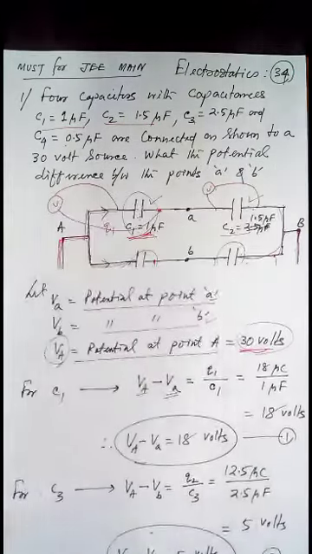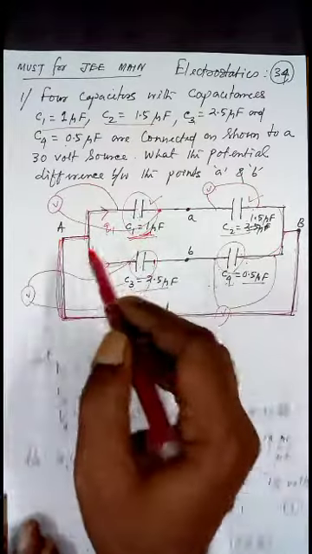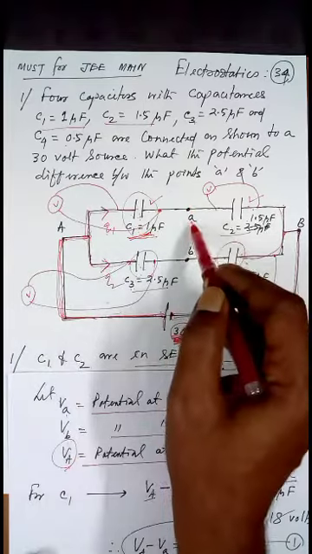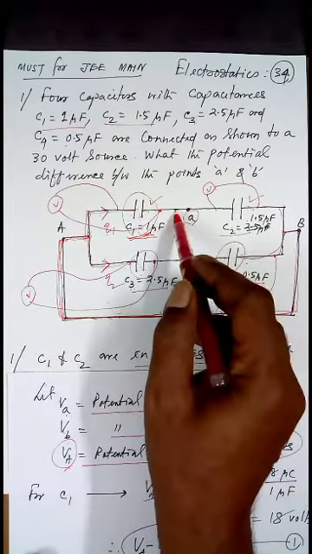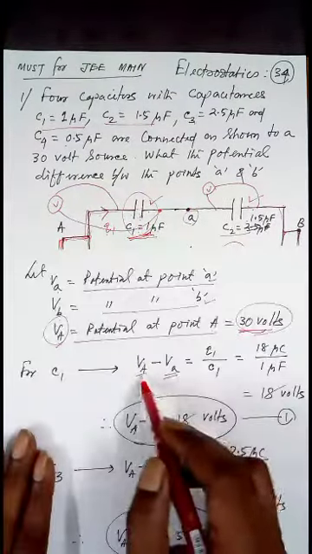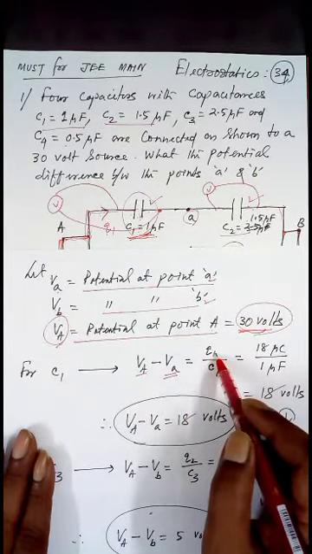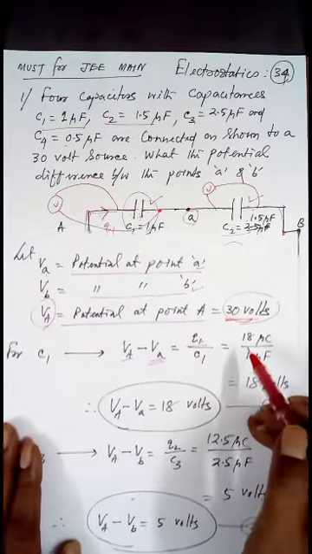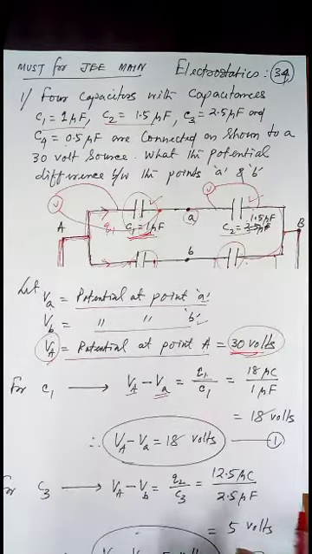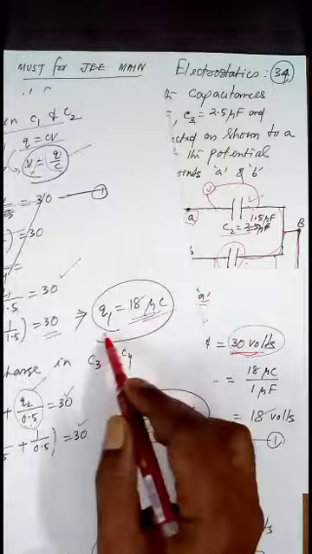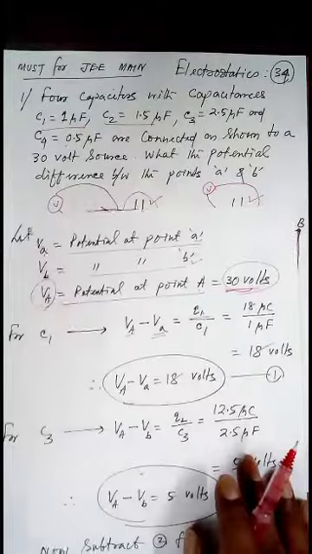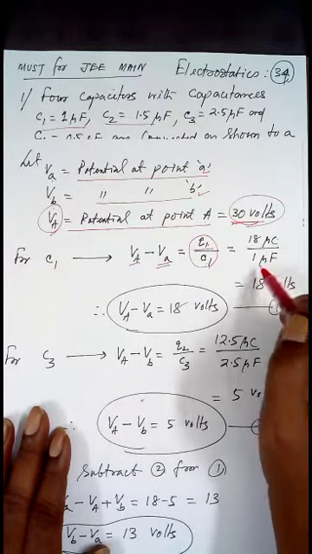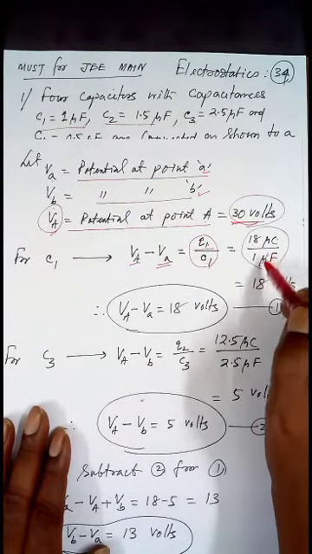So for this one, V capital A minus V small a is the potential difference, that is equal to the charge flowing through, that is Q1, divided by its capacitance. Q1 is 18 microcoulomb, that we just found out here. So Q1 over C1, 18 microcoulomb, C1 is given, this cancels.